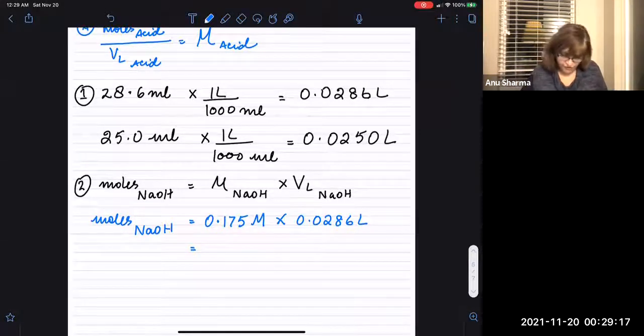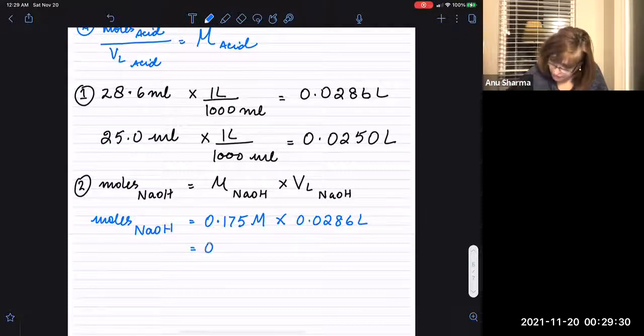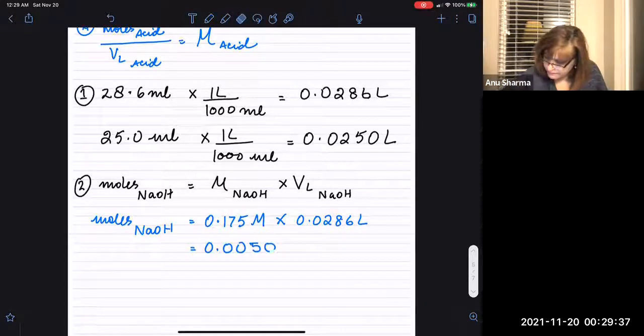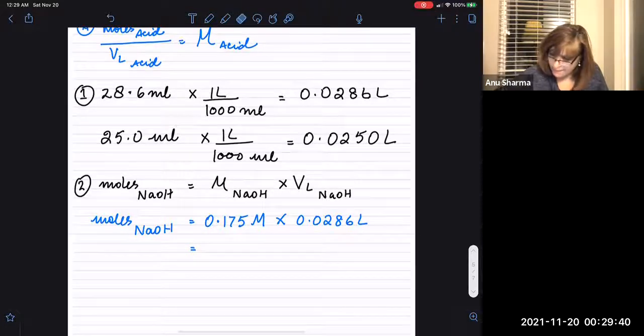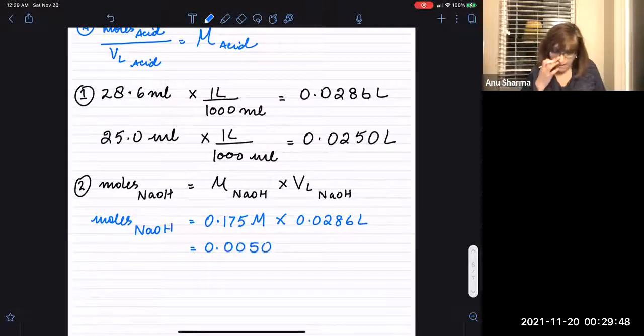Okay, so 0.175 times 0.0286, and that is equal to 0.0050, 0.05, so we can just leave it like that. So these are the moles of NaOH.